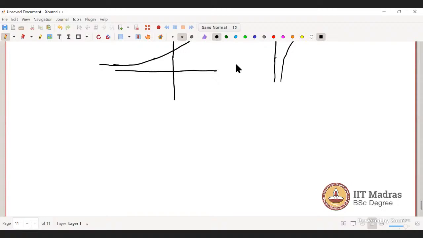Sir, regarding logarithms, I have a doubt. Shall I ask? Which one? An expression like log 3 square. Log 3 square can be written as 2 log 3. Yes, true. And it can also be written as 3 log 2.